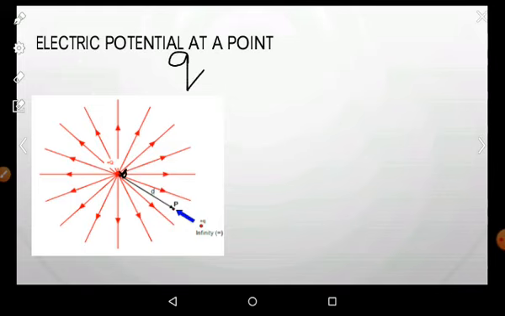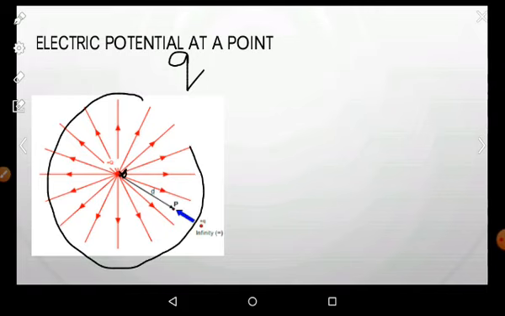Amount of the charge is Q. Around this charge Q, the electric field is developed, and here in our diagram the charge Q is positive, and we can consider the negative charge also. Since it is the positive charge, the electric lines of force are away from the charge.